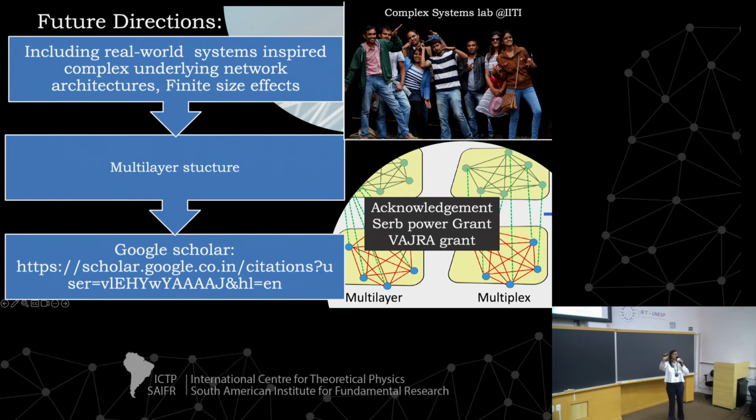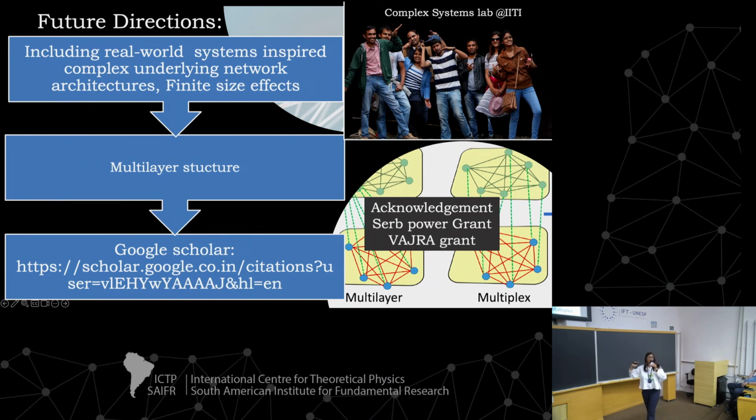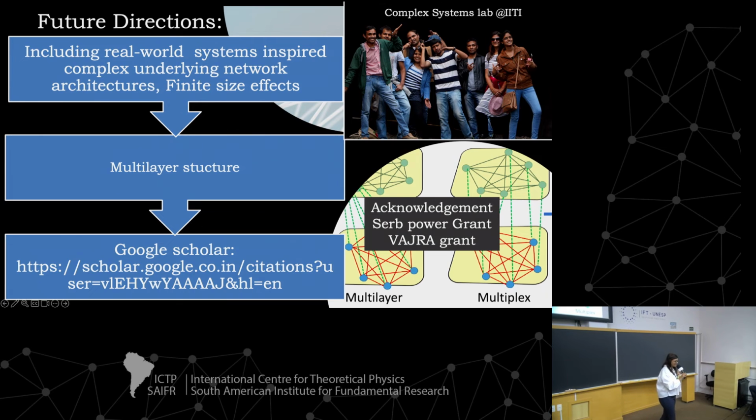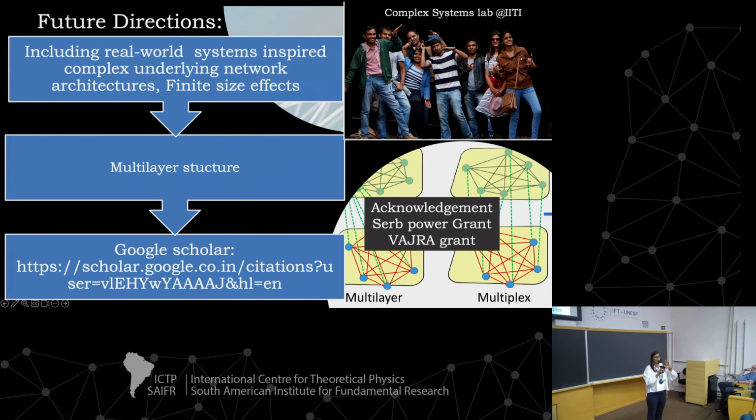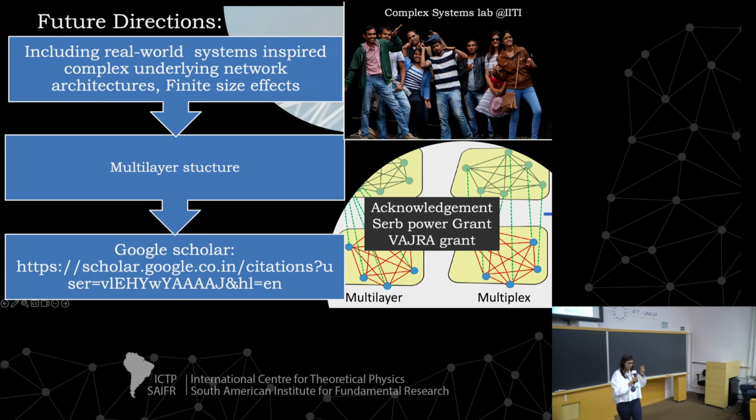Whatever I have shown is for all-to-all coupling. As soon as you take a network structure, I know of only one paper, by Skardal, that appeared in Journal of Physics: Complexity, where they have taken a correlated network. That is for higher order. And for pairwise, people like Pinaki Pal and others, these Indian colleagues, have done it with correlated networks.